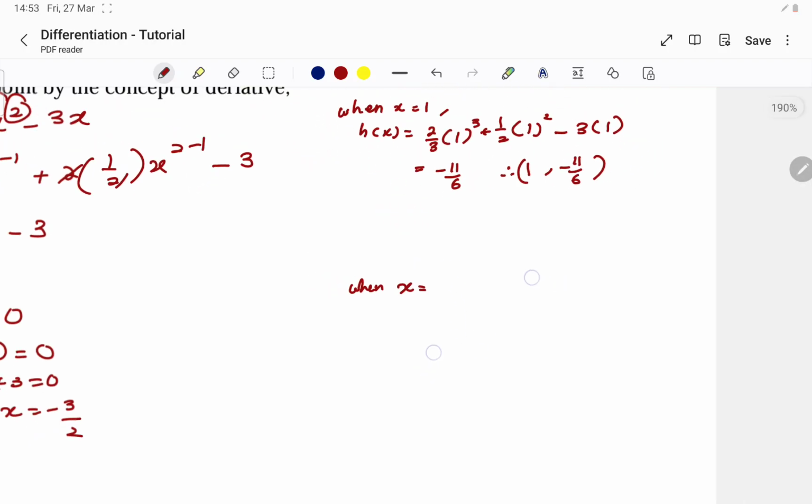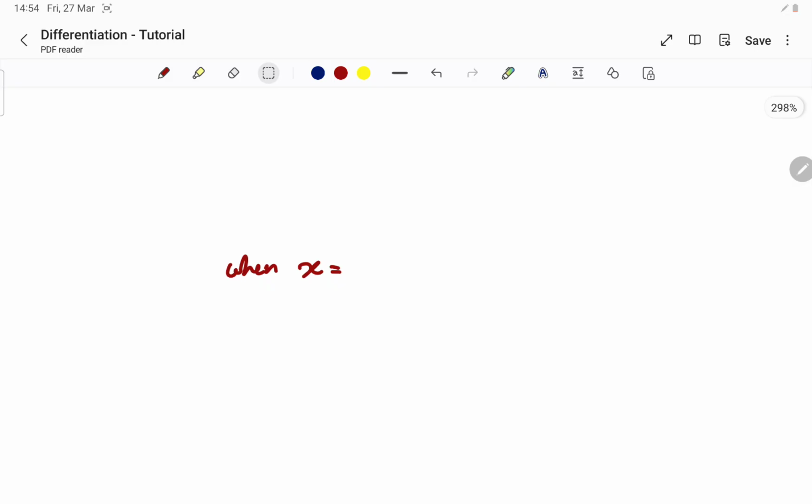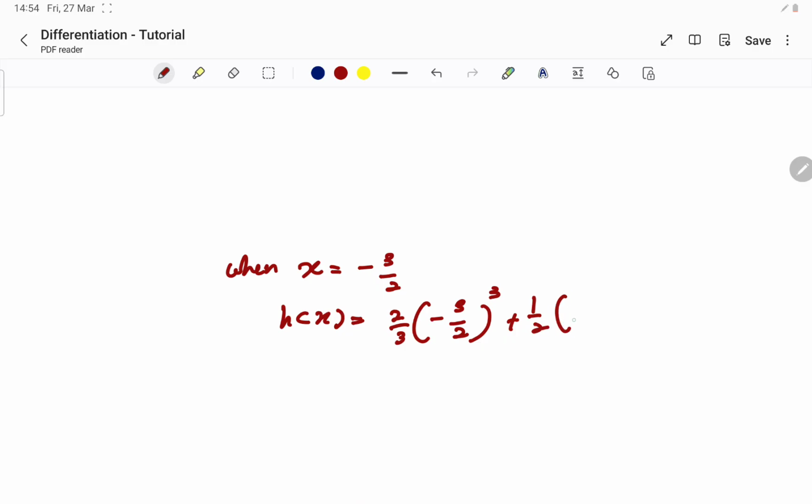Okay, and then another one here, when x is equal to -3/2, your h(x) is equal to, so this one you have to substitute properly: 2/3 multiply with (-3/2) cubed plus 1/2 multiply with (-3/2) squared minus 3 multiply with -3/2.